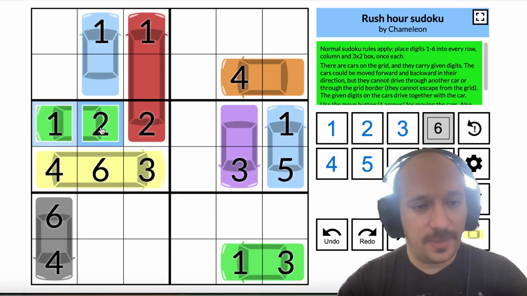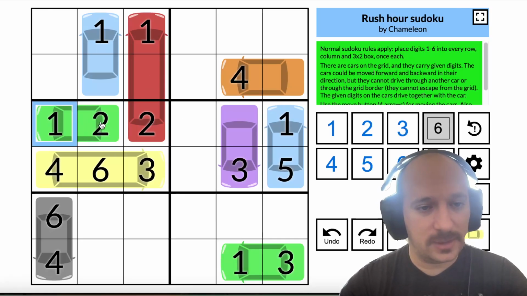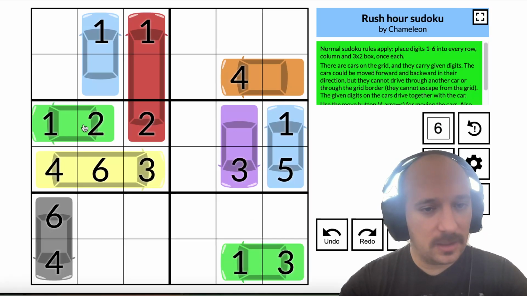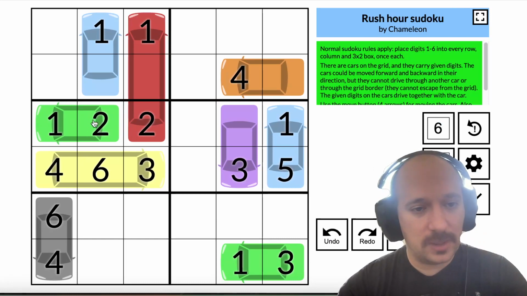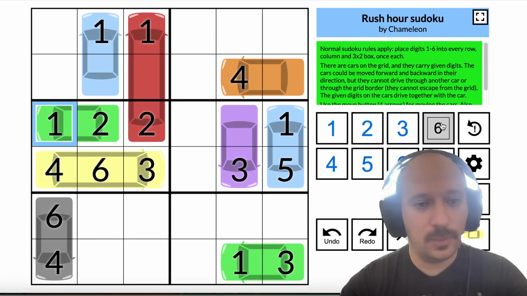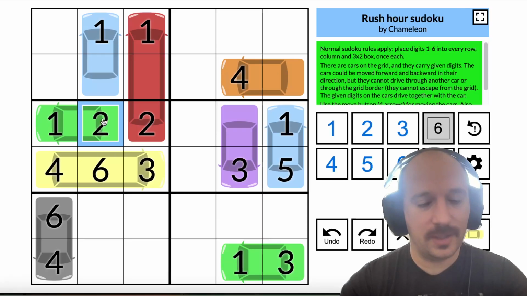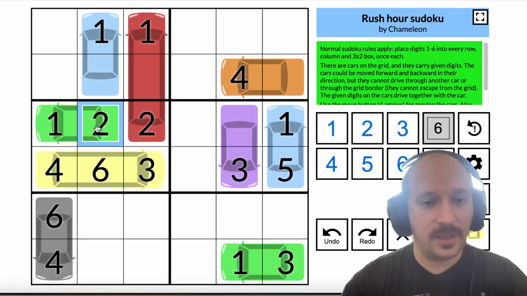One thing we can notice immediately: we have these 1 and 2 in row 3. No matter how we move this car, these 1, 2 of the green car always stay in row 3. That's the key property of the constraint.